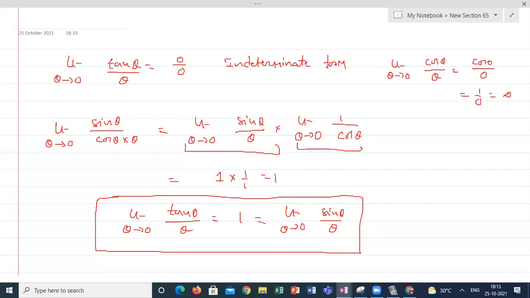So even for cot theta by theta, it won't be defined. Limit theta tends to 0, cot theta by theta. If it is cot theta by theta, what will you get? What are the indeterminate forms I told you? Is 1 by 0 an indeterminate form? No, sir. But if you are substituting, cot 0 is how much?